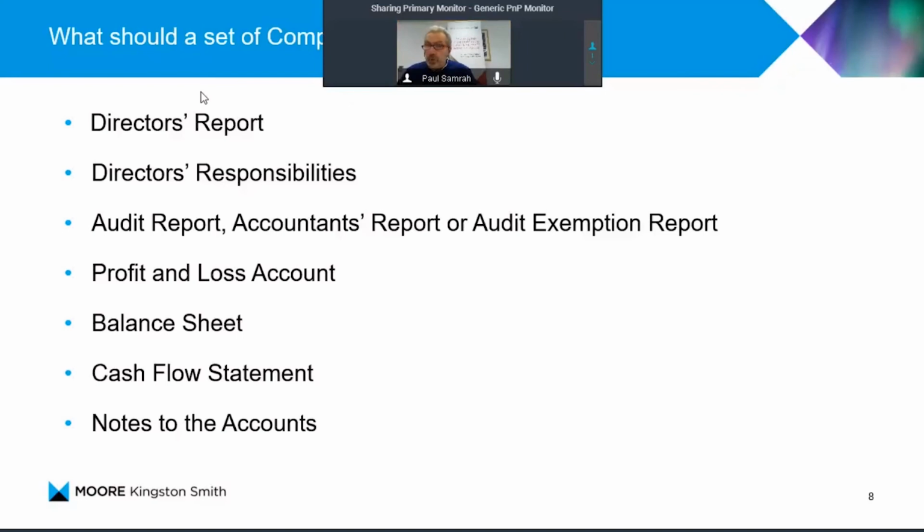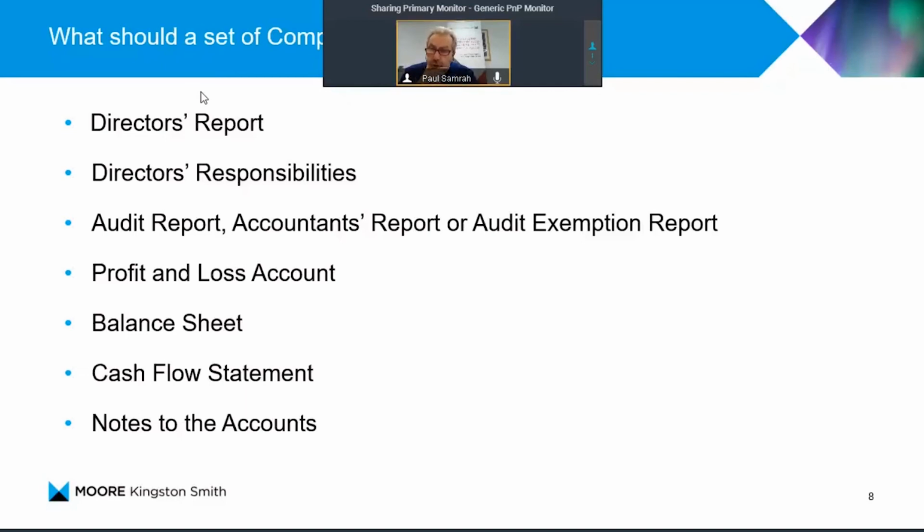And then we come on to what a set of company accounts should include. And these company accounts will be prepared on an accruals basis. There will be the director's report. There will be a statement regarding director's responsibilities. There will be an audit report or an alternative accountant's report or an audit exemption statement. Come on to all of these in a moment.